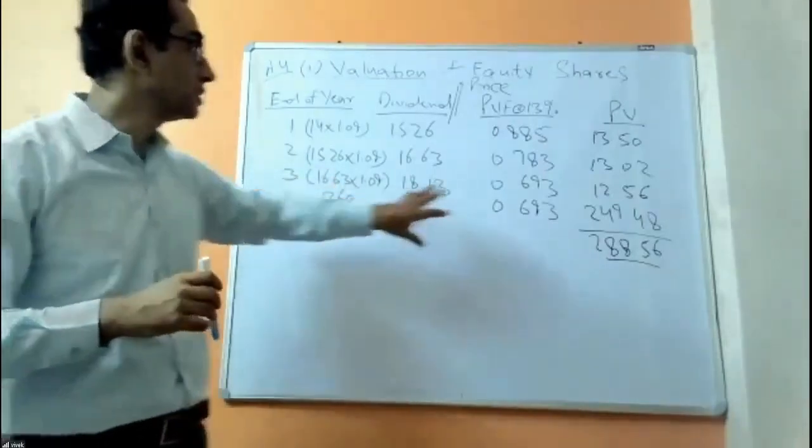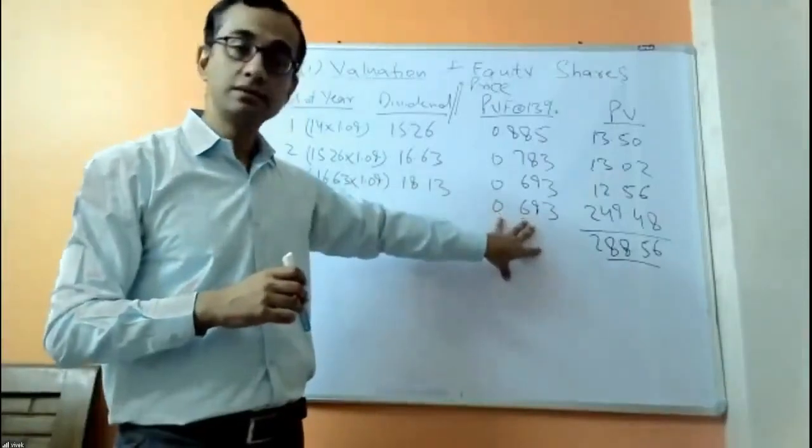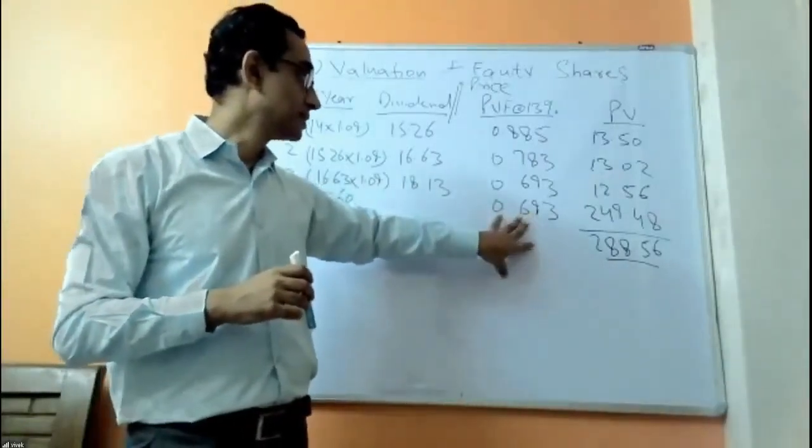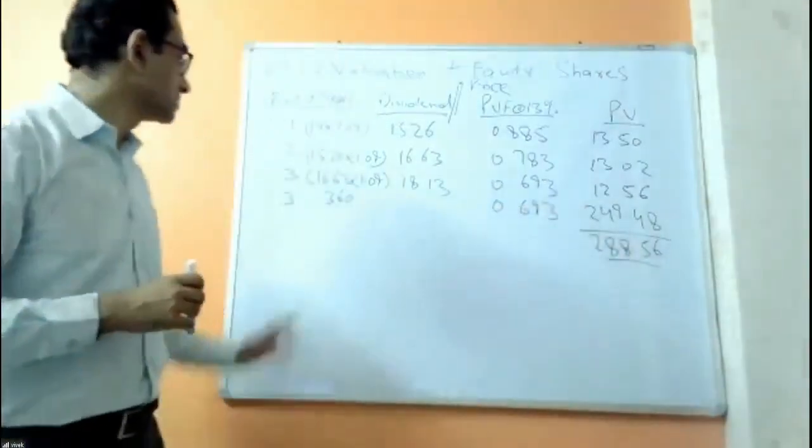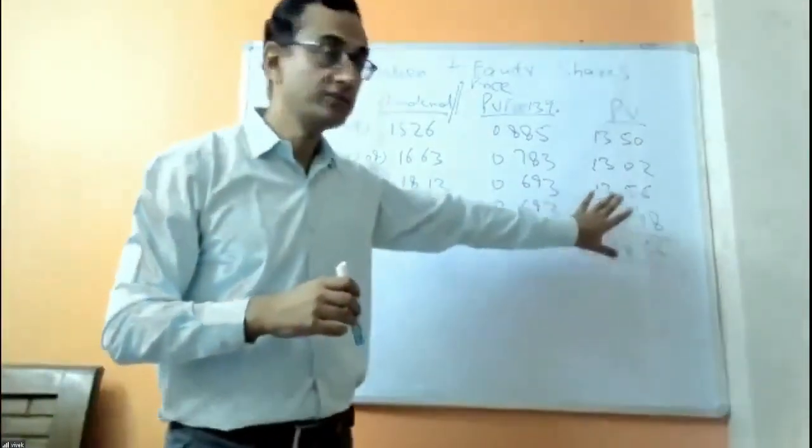So 360 is multiplied by the present value factor of the end of the third year at the rate 13%, which is 0.693. So this figure is arrived at 249.48.